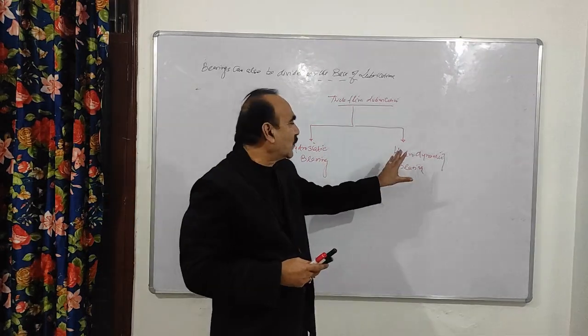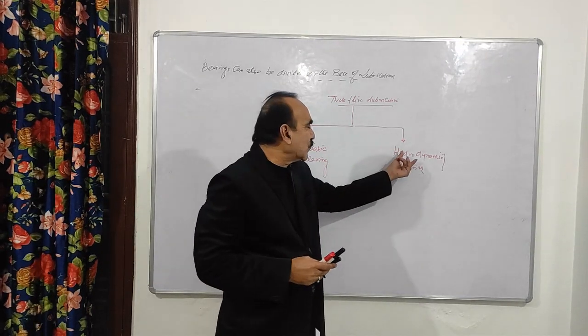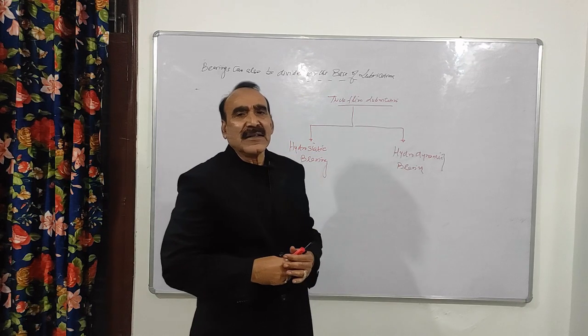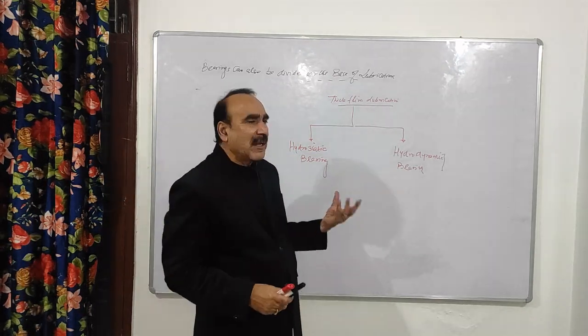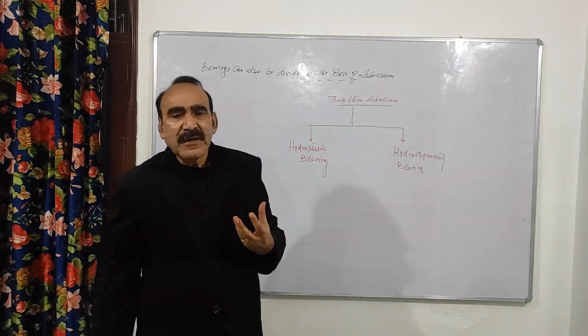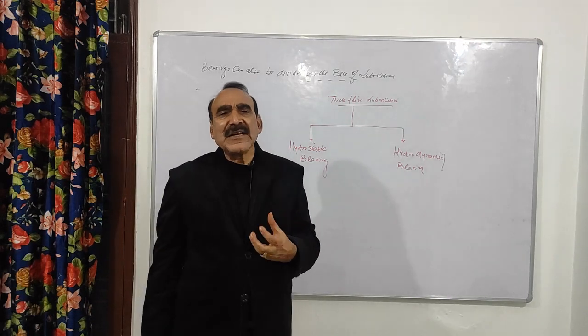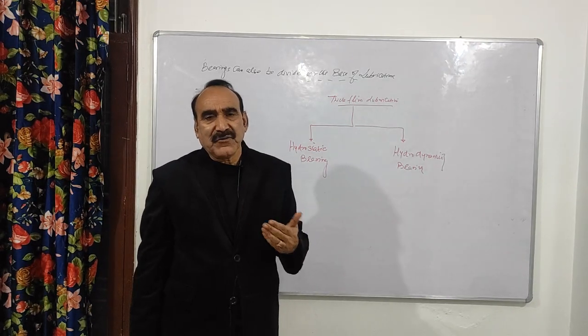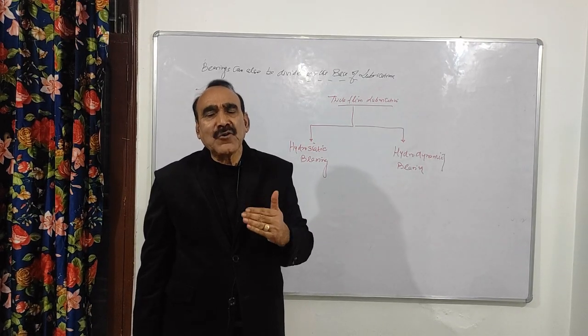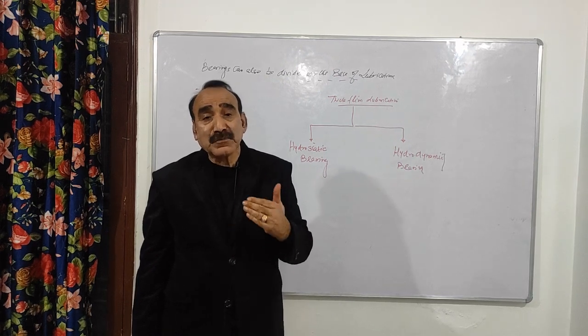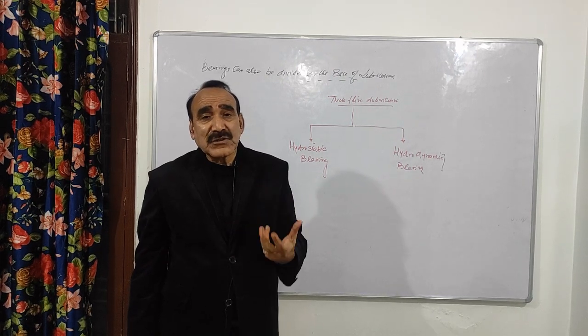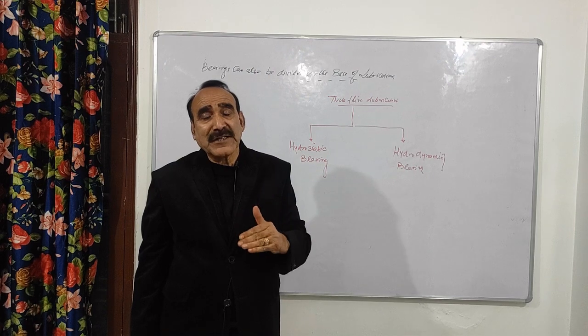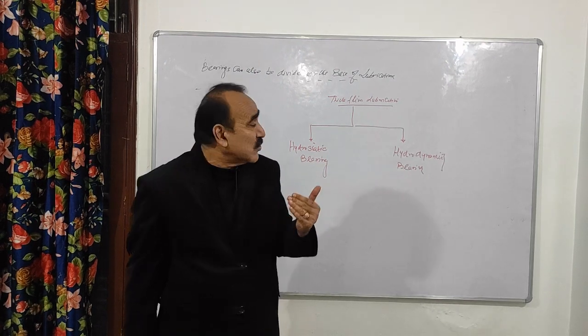In case of hydrodynamic bearing, as from the name you can understand, it means when the bearing is running at full operating speed, when the shaft is rotating at a full operating speed, so what happens?